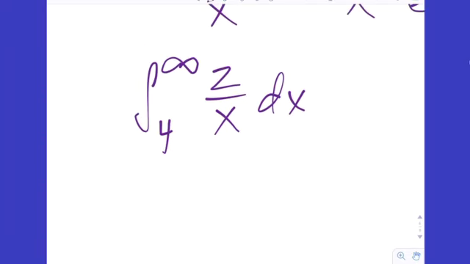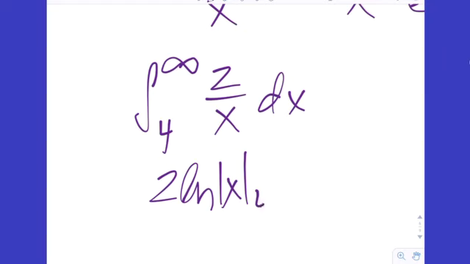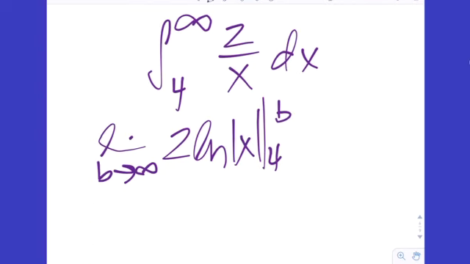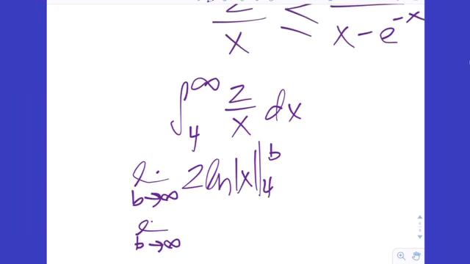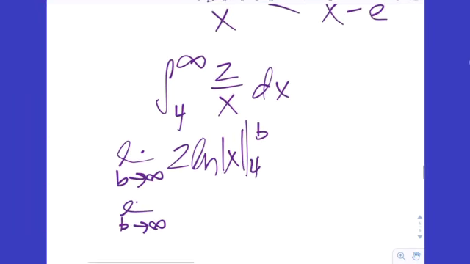So you could do the verbal argument, or you could just do it this way. The antiderivative is 2 natural log of the absolute value of x from 4 to b, and you take the limit as b goes to infinity. It might be easier just to do this, rather than talk about the p-series, because it's not a p-series itself, it's 2 times a p-series. But again, divergent times a constant is divergent.